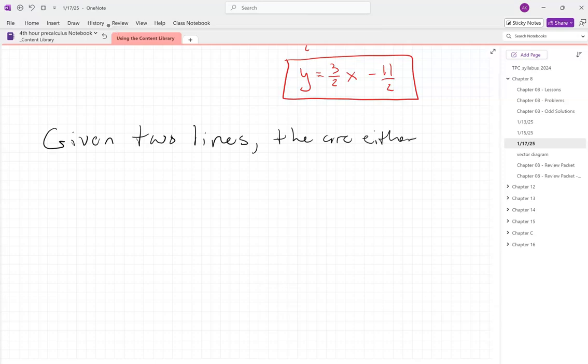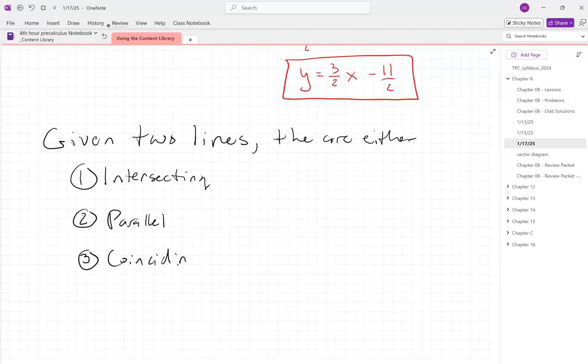So if I give you 2 lines, I know that those 2 lines are either intersecting, parallel, or coinciding. Coinciding means they overlap, that they're the same line.